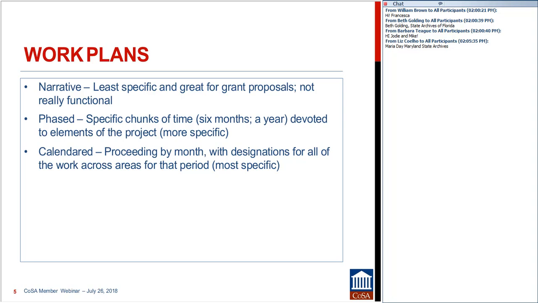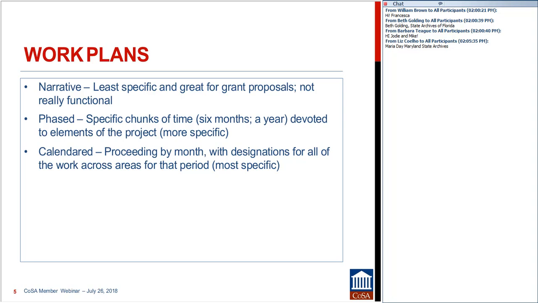The problem with the calendared work plan is, though it may be the most specific, the idea that one could write a very specific calendar that flows over the full trajectory of a project and have that be an accurate representation of the work that needs to be done and when it needs to be done is very, very difficult.